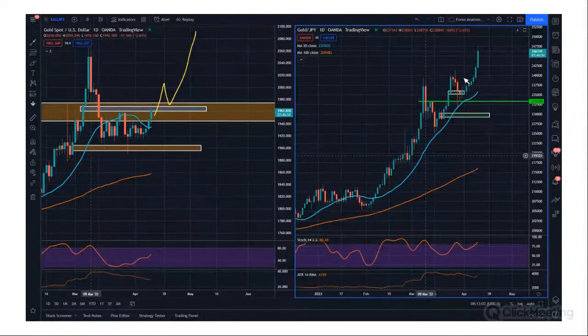Actually, those who got in a couple of days ago, last week, right around this sweet spot right here, could have made some good money because that was a perfect technical setup.